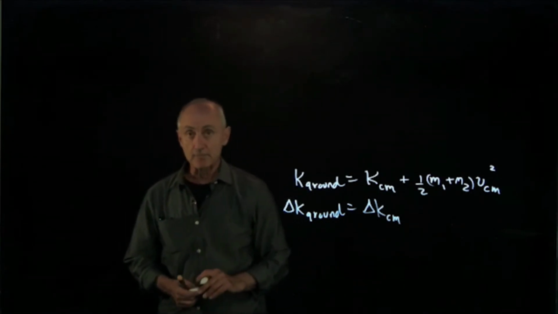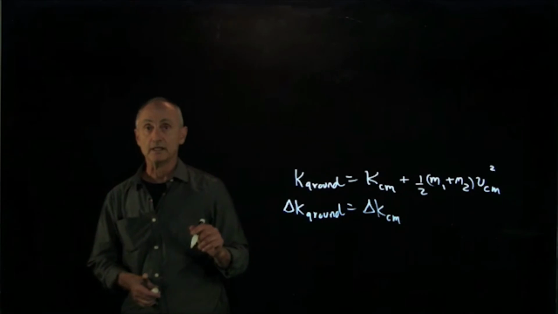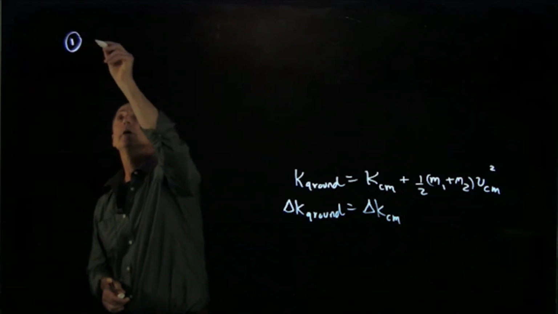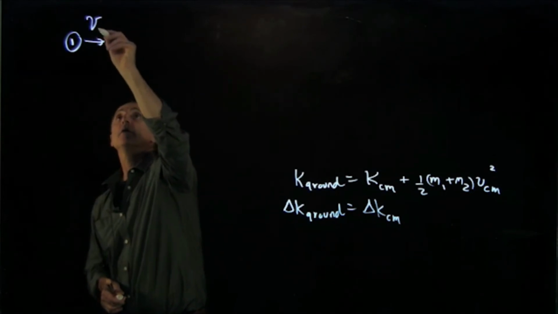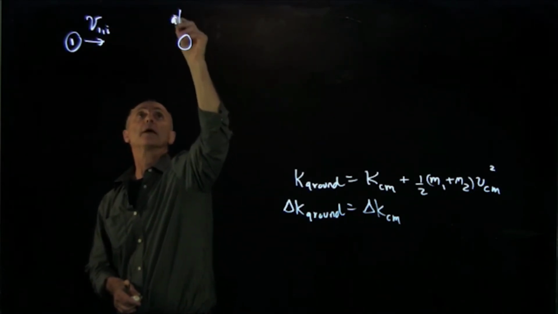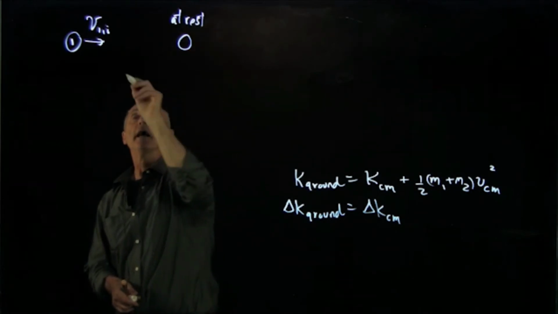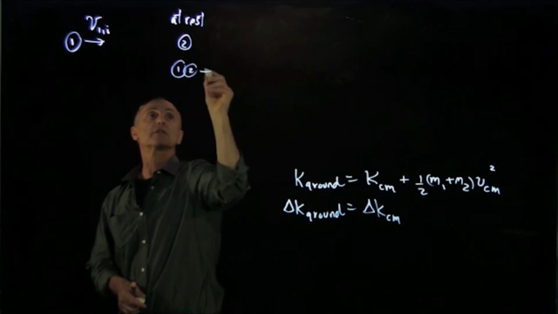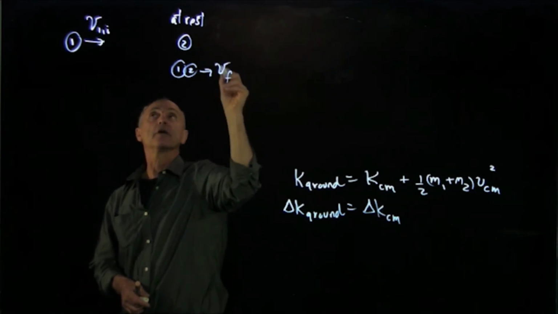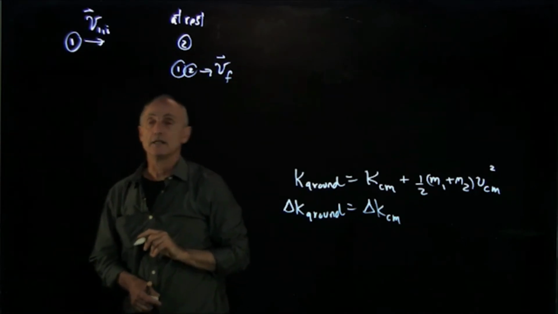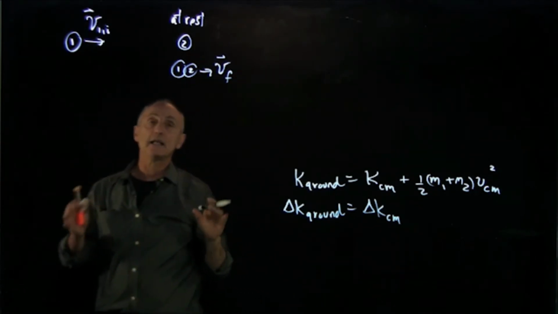Now, let's look at an example of a collision that's completely inelastic. So we have object 1, and it's coming in with v1 initial, and object 2, let's make it at rest. And afterwards, object 1 and 2 stick together, and they go off with v final. So here's a collision in an inelastic frame.